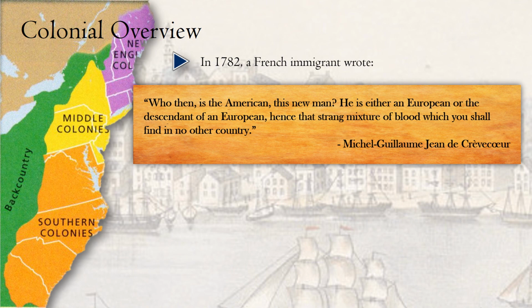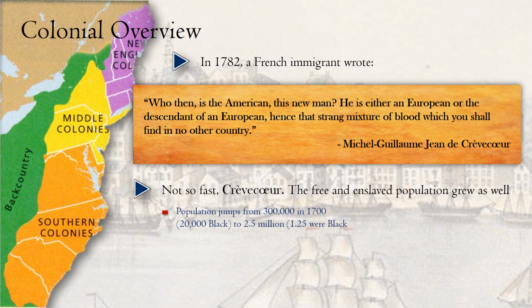Hence, that strange mixture of blood which you shall find in no other country." Well, okay, not quite so fast, Crevecoeur. We're forgetting some folks who also helped to colonize the North American New World, and these are some of the folks that did not come here altogether willingly. Those would be the free and enslaved population.